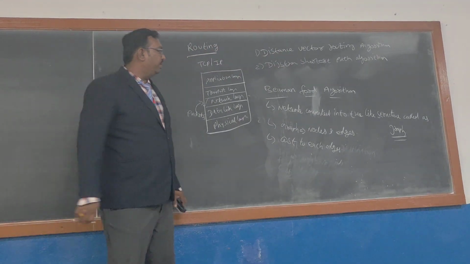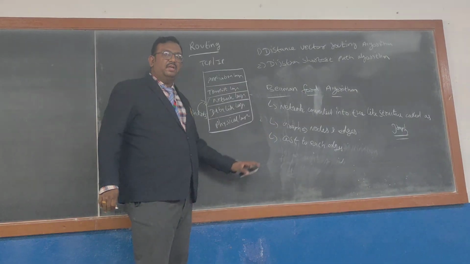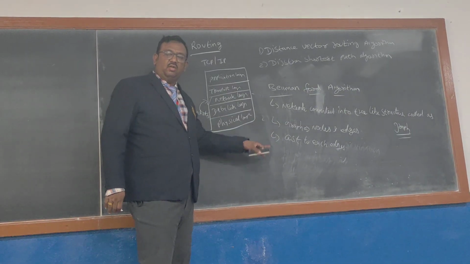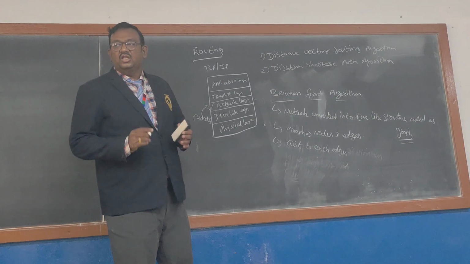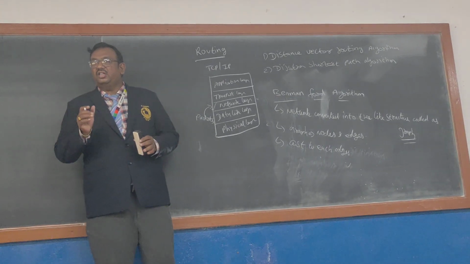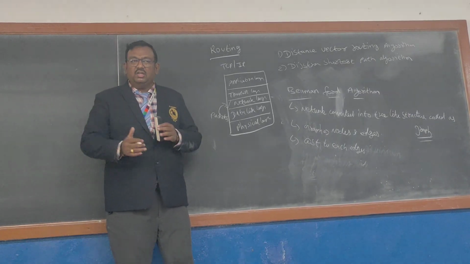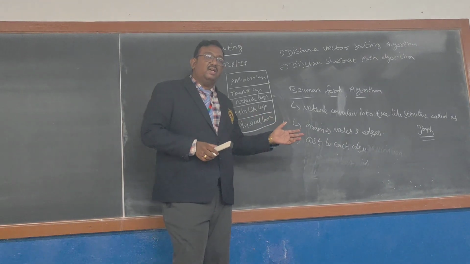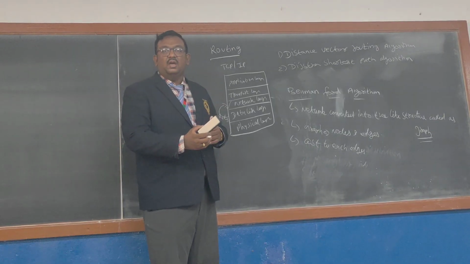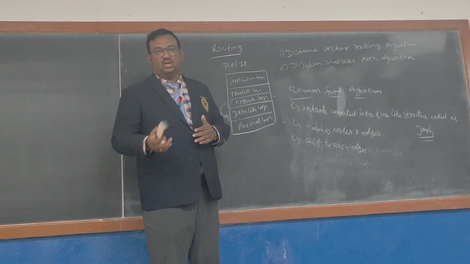Okay, so then what does it do? The main element the algorithm uses is the router. So what is the job of the router? The main job of the router is to specify the shortest path to reach the destination. To find it, the router calculates the next hop, the destination, and the cost.